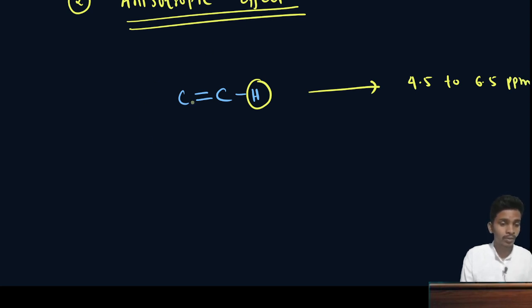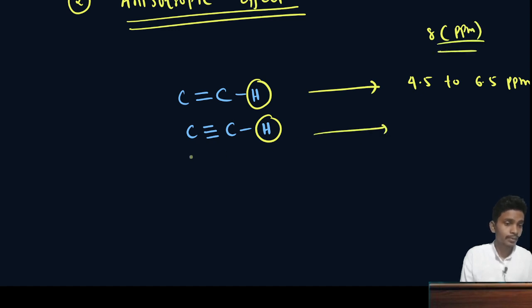Also I told you that whenever it is C triple bond C with H, its chemical shift value is going to be 2 ppm.